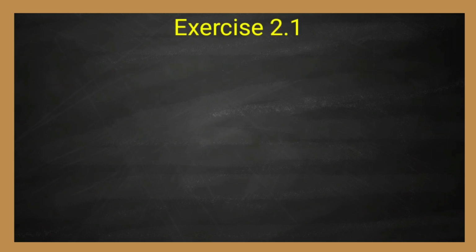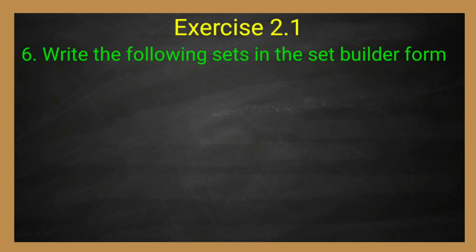Next, sixth question. Write the following sets in the set builder form. Number 1, 3, 6, 9, 12. Whenever we are writing in set builder form, we should think about the common property of the elements present in the set.